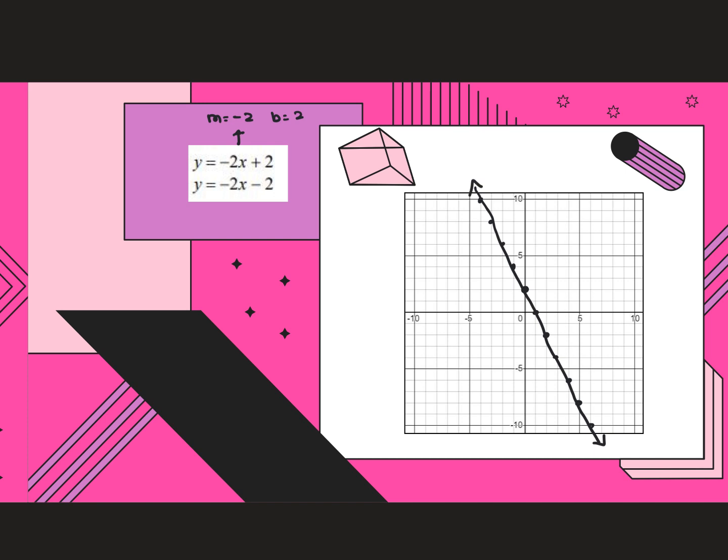All right, going to change the color. So here we also have a slope of -2 and a y-intercept of -2. So starting at -2, we're going to go down 2 and to the right 1.